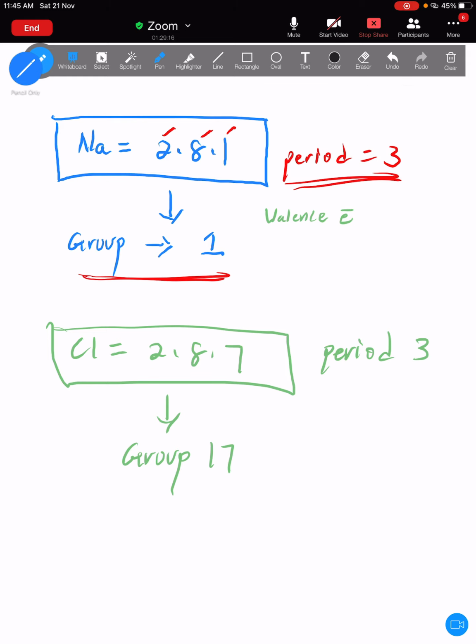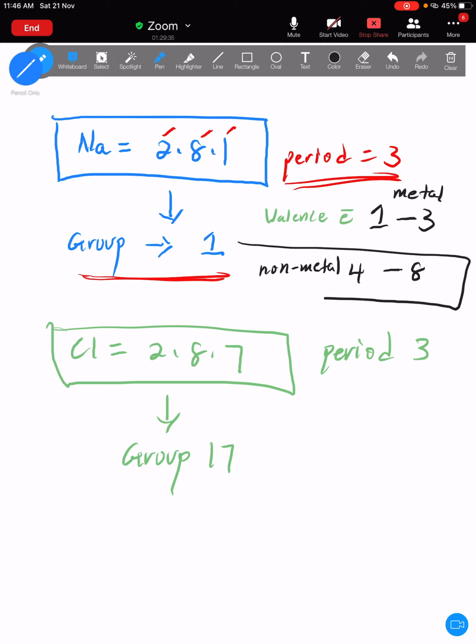If the valence electron is 1 till 3, it belongs to the metal group. And if the valence electron is 4 till 8, this belongs to a non-metal element. You must know how to identify which one is metal and which one is non-metal from the periodic table.